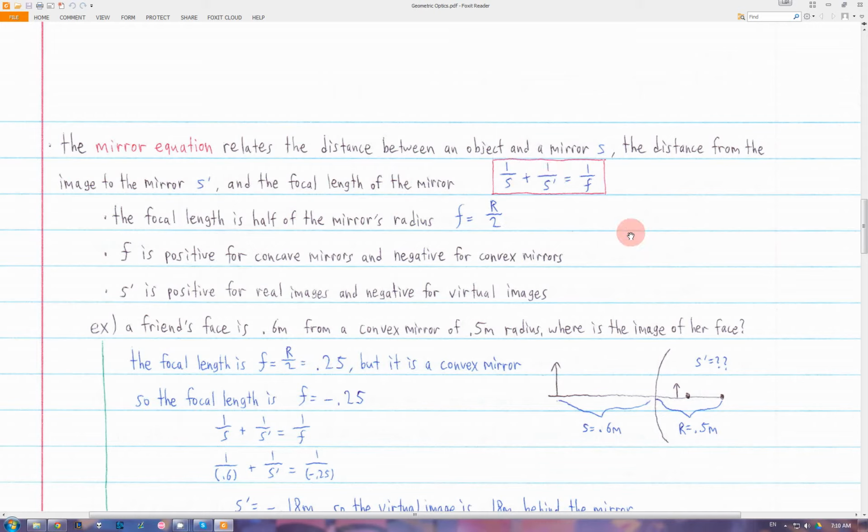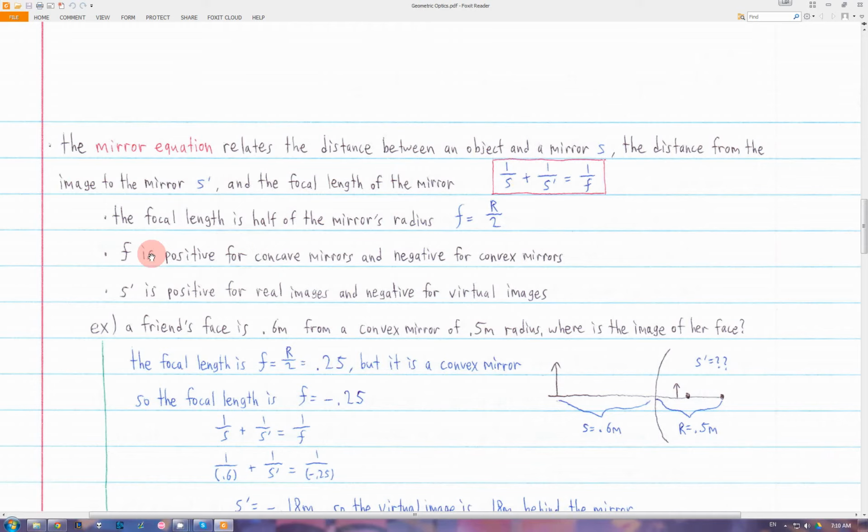So there are a couple of sign conventions to use with the mirror equation. The focal length is positive for a concave mirror and negative for a convex mirror. And S prime, the distance from the image to the mirror, is positive for a real image and negative for a virtual image.